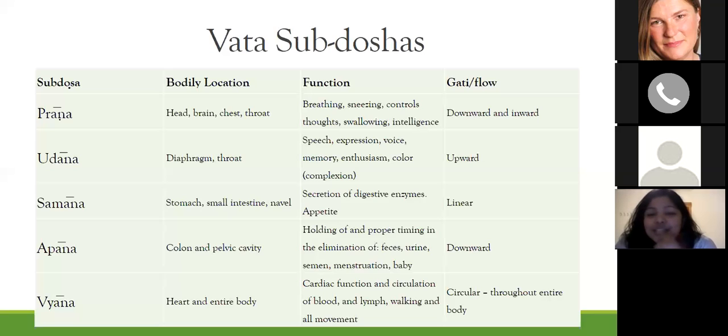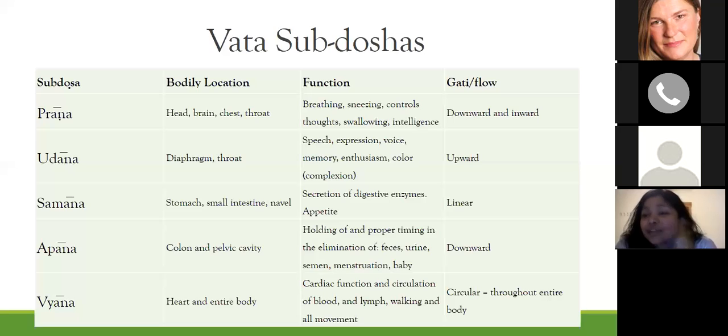So for instance, if someone hasn't slept all night, you ever notice that they get dark circles under their eyes? That dark circle is nothing but the expression of too much of this type of vata that is causing the darkening underneath the eyes. That function is carried out by the udana vata.